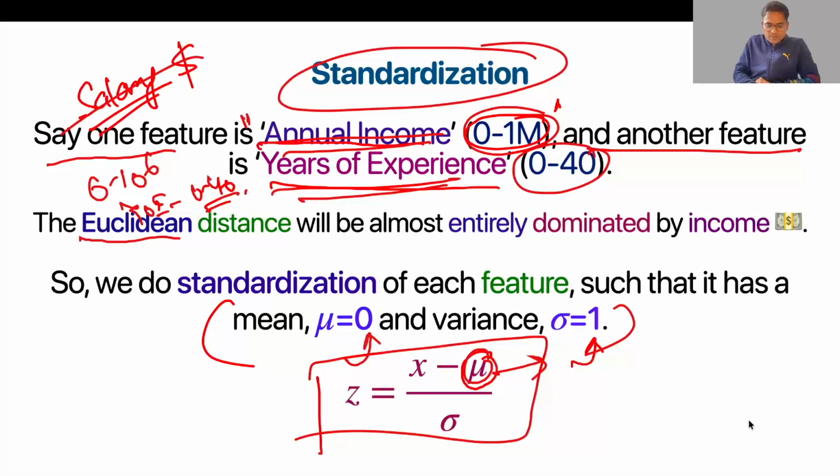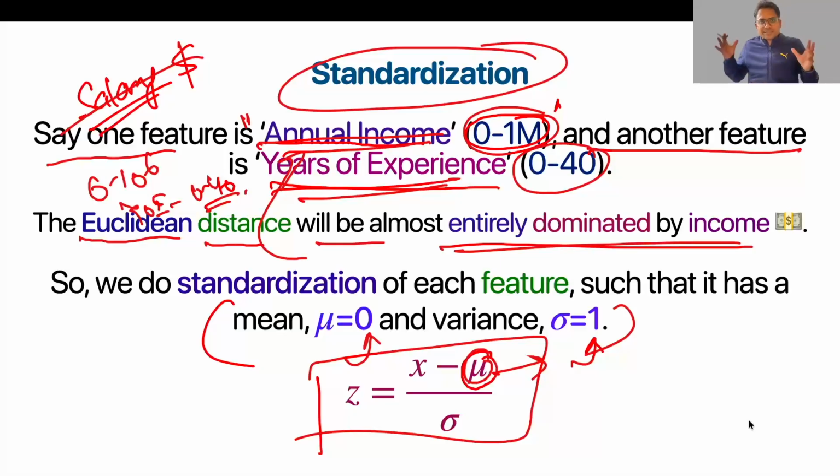When we are comparing the distances, the Euclidean distance will be almost entirely dominated by the income because it is of larger scale. When we calculate the distance with respect to all the features in the higher dimensional space, this feature's distance will be very high and the smaller features will be very small, so they will have less impact. That's the drawback of this.